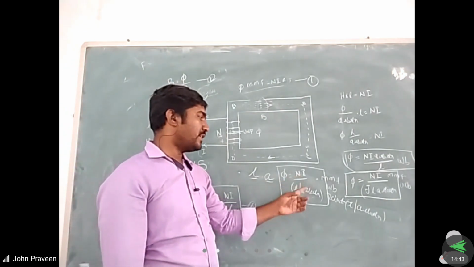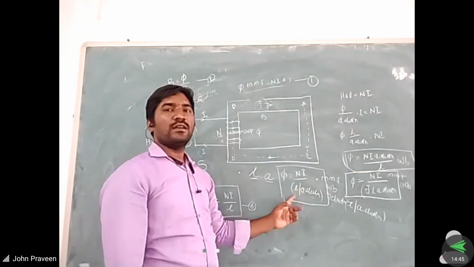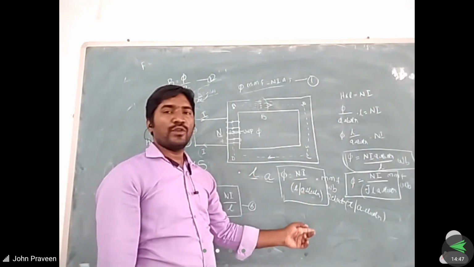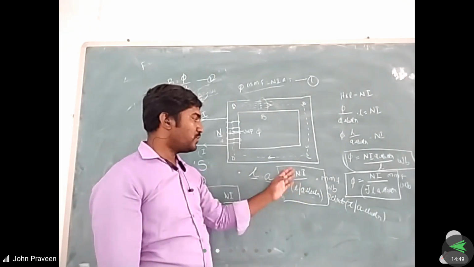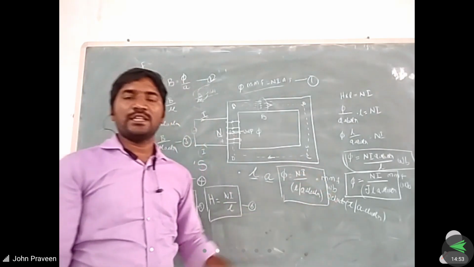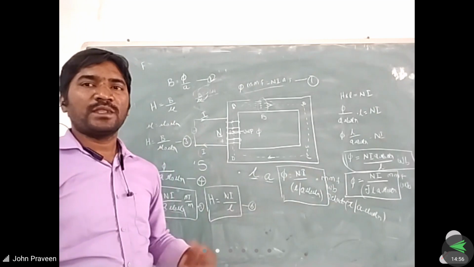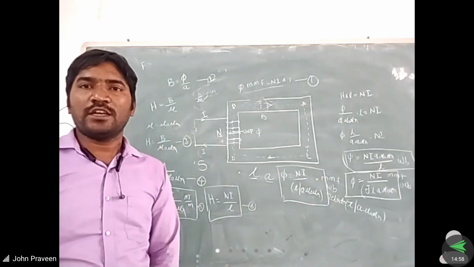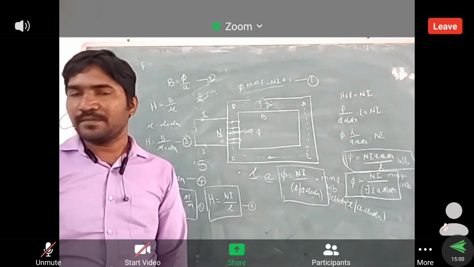MMF value is N into I, and reluctance value is L by A into mu naught into mu r. These two points in the equation will be used either to solve problems or to derive the next equation. Right? I hope all of you understand the derivation.